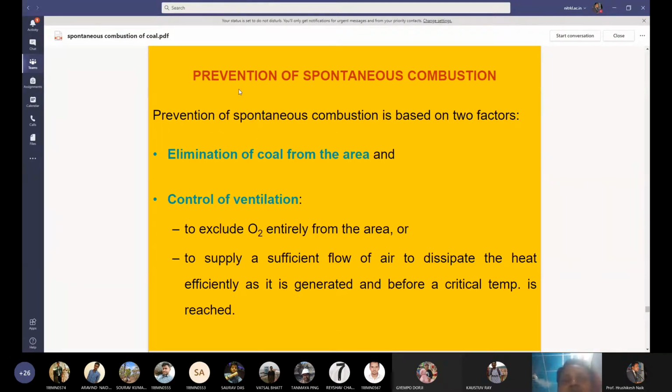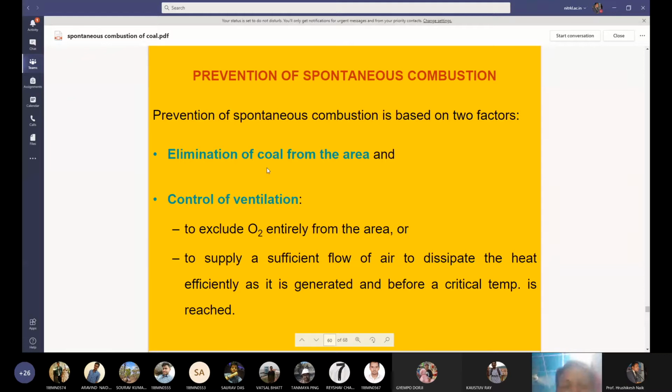Prevention of spontaneous combustion is based on two factors.